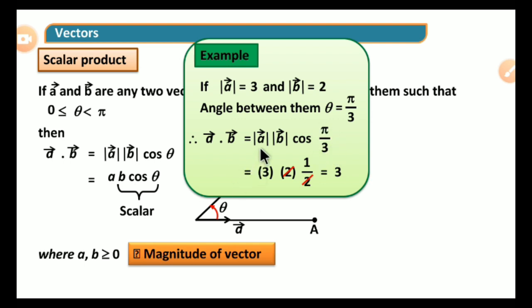With the given data, magnitude of A is 3, magnitude of B is 2, and cos pi by 3. We have already seen in the trigonometry chapter that the value of cos pi by 3 is 1 by 2. Therefore we can cancel 2 and 2, and the remaining answer is 3. This means A dot B, the scalar product of two vectors, gives a real number. All of you got it, students?